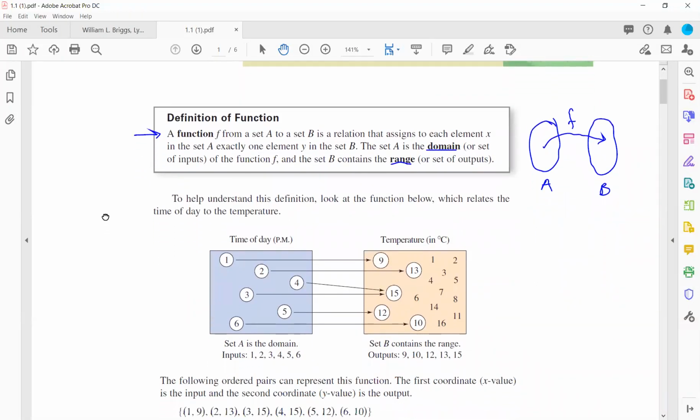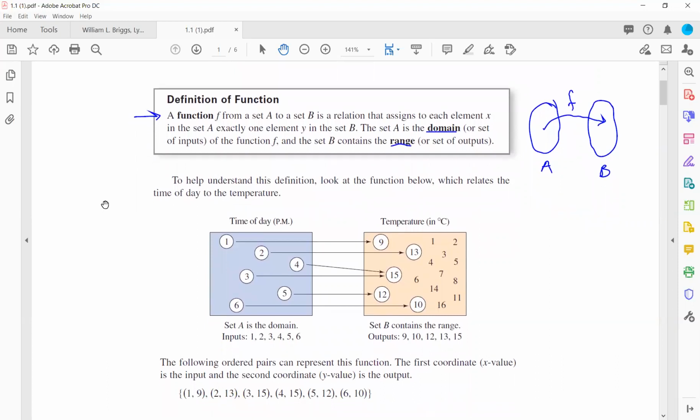We can visualize a function by using some arrows. Take a look at these two sets. The set A, including 1, 2, 3, 4, 5, and 6. A function like f maps the first set, time of day, to the second set, which includes temperature.